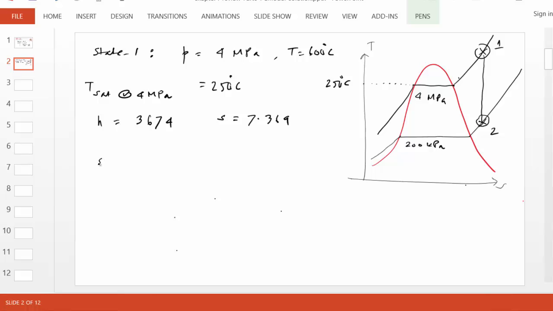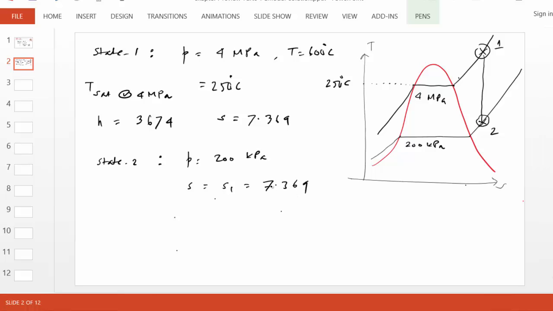So to find state 2, we'll first list what we know for sure. The pressure is known, 200 kPa, and the only other thing that is known about state 2 is entropy, which is equal to S1, which we calculated to be 7.369.